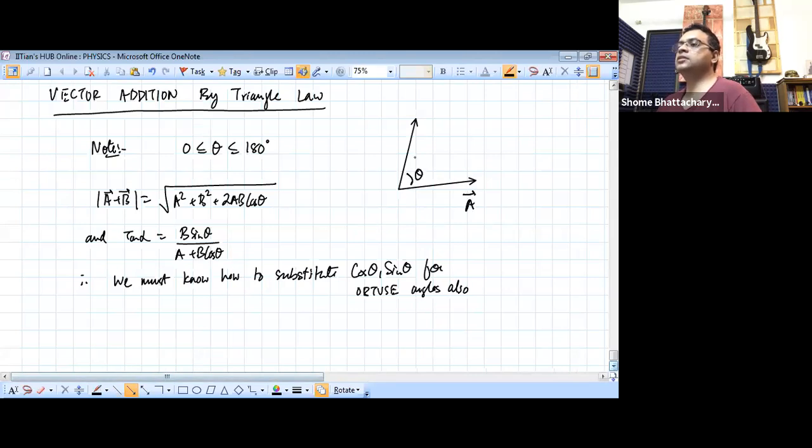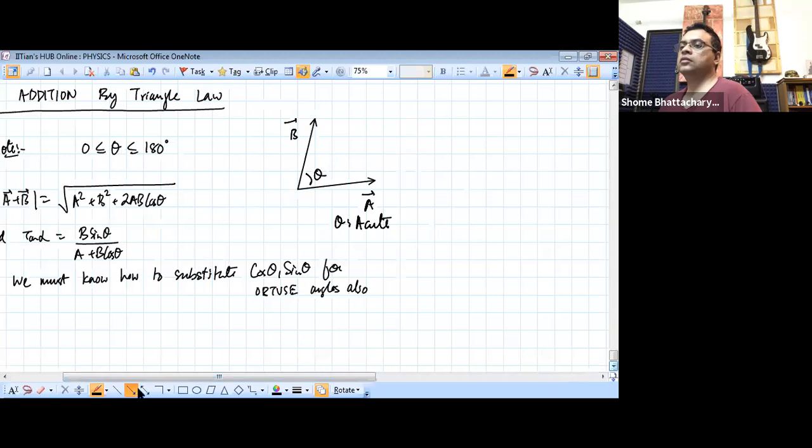A and B are like this. Theta is an acute angle. But if we have a situation where, let's say, A and B are like this, like this. So theta is now greater than 90. It's an obtuse angle.